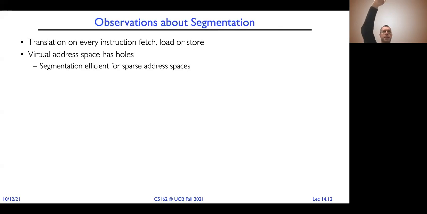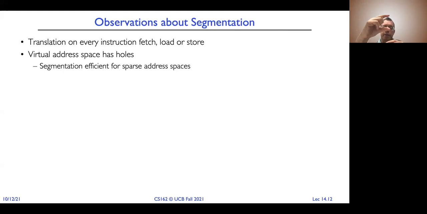So you need to separate them, and between them there is a gap. If you don't have segments, that gap will occupy space in the physical memory, space that could have been used to allocate to other processes, other applications.